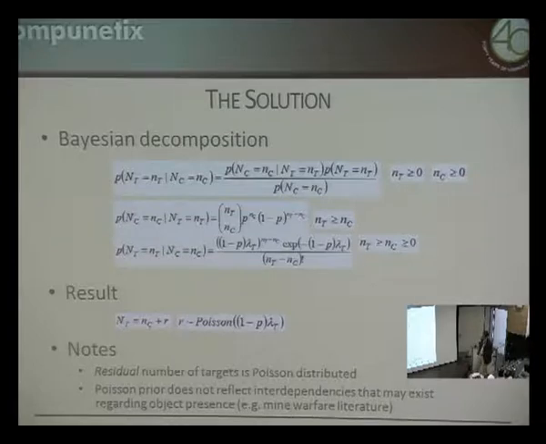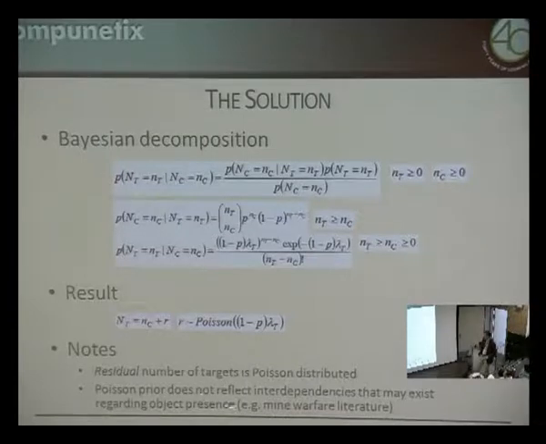Now the problem is, if you wanted to do this recursively, the number of targets is no longer Poisson, so this doesn't work nicely if there's a second and third scan. That's why the Kalman filtering approach to this problem is simple and effective.